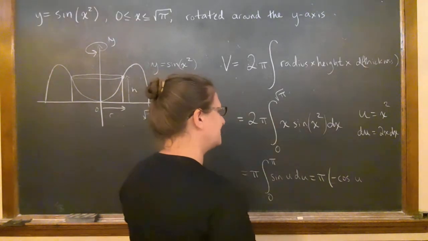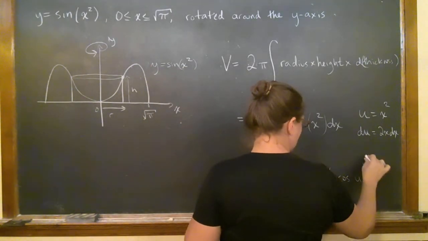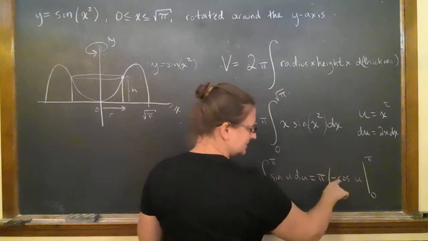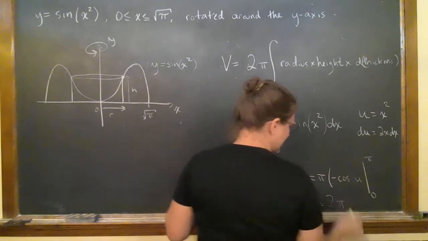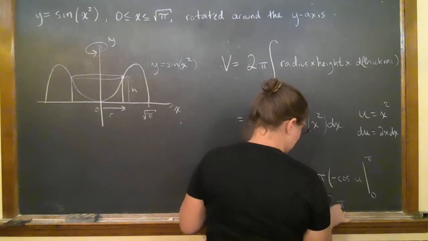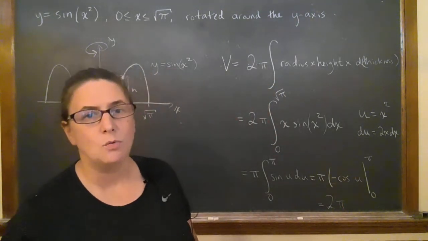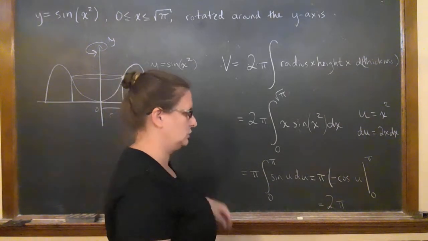The derivative of cosine is negative sine. So this is from 0 to pi. And that evaluates, this is minus cosine of pi minus negative cosine of 0, so this evaluates to 2. A nice answer. Let's see if you can see the 2. So once we were able to set it up, it wasn't too bad.